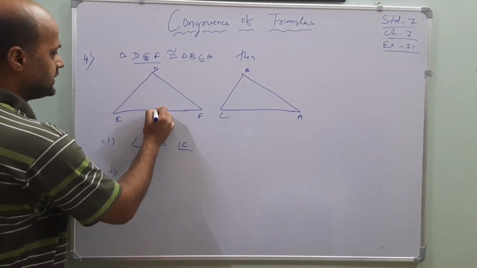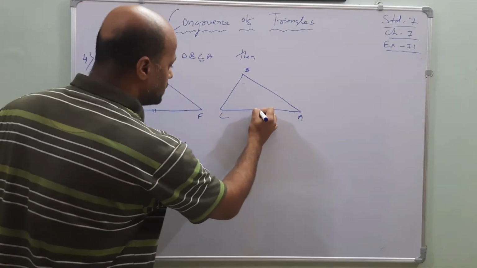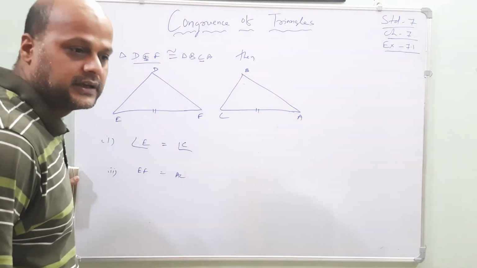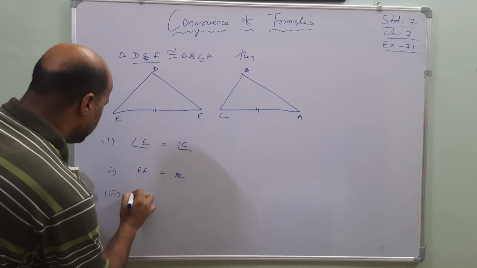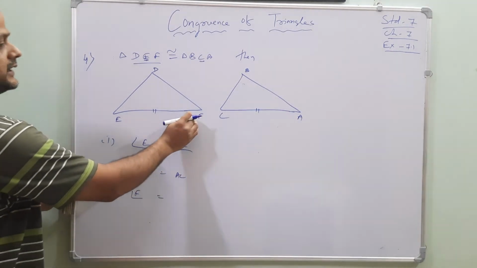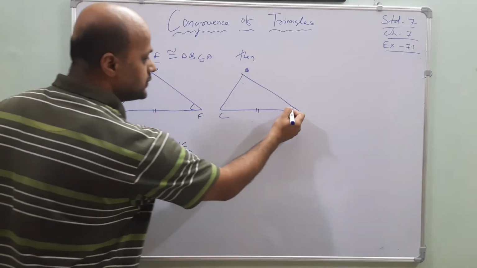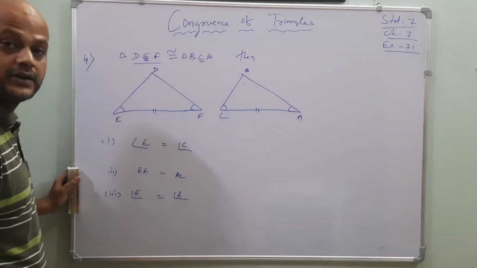Where is EF? It is the base. So you write EF is also equal to AC, because they are in the same positions. Again, angle F. Where is angle F? The corresponding angle to angle E is F, so for C it is A. Here, angle A. Understood?